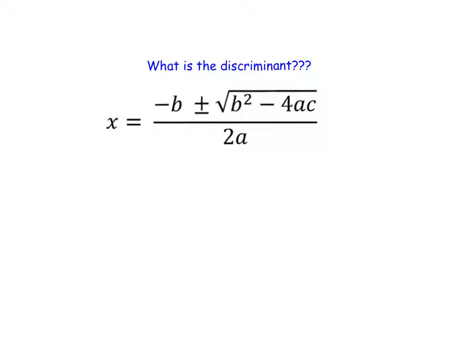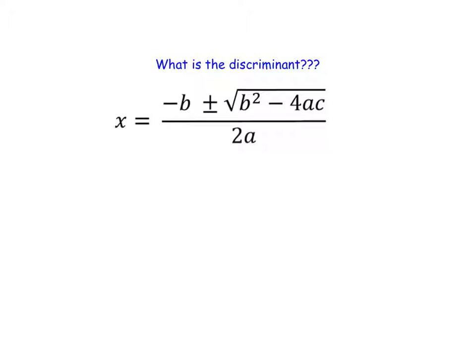So before we start, the first thing you need to know is what on earth is the discriminant? In front of you, you should see the quadratic formula. You should know that after yesterday's lesson. You should have that memorized or be in the process of memorizing it. But the discriminant, as I said, is contained inside the quadratic formula. The discriminant is actually this piece right here underneath the square root.